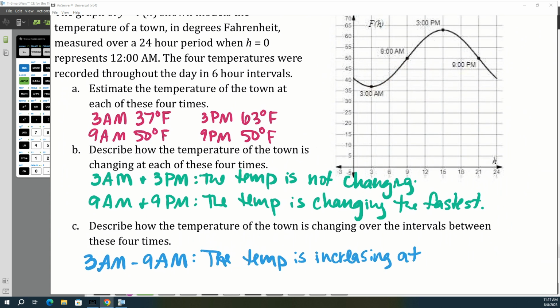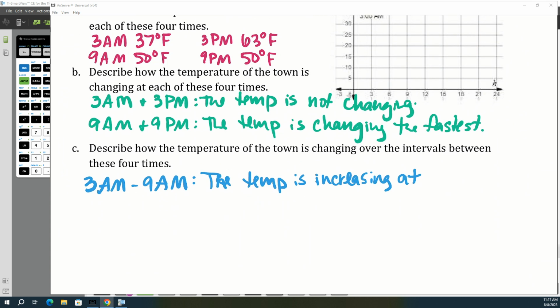All right, would you say the rate at which it is increasing, the rate at which it's changing, is increasing or decreasing? It has to do with concavity. Are the slopes increasing or decreasing here? Increasing because we have concave up. So the temperature is increasing at an increasing rate of change.